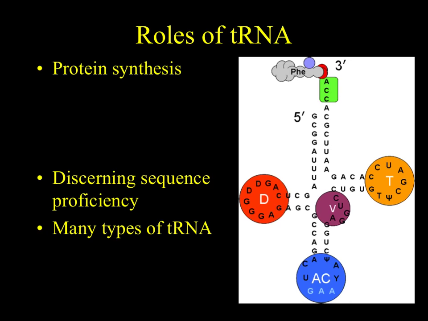But let's say there were 4 leucine codons; humans may predominantly use one, whereas E. coli predominantly uses another, based off of how many tRNAs we have for it. So it helps discern the sequence proficiency. It reads the codon by its anti-codon. And once again, there are many types.